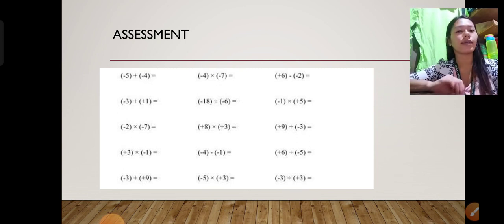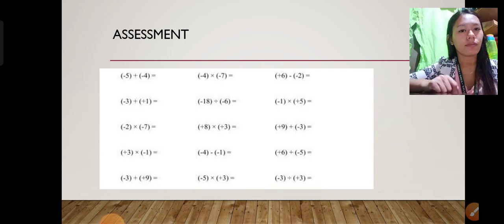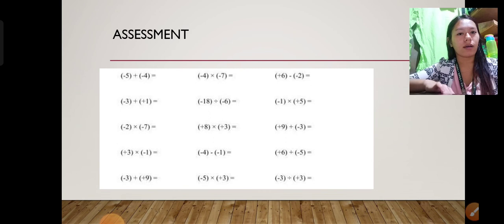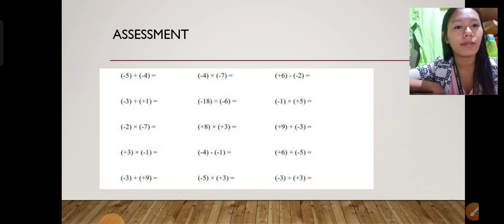Okay, Anna, what is the answer? Okay, negative 9. Then second is, very good, negative 3 plus positive 1.